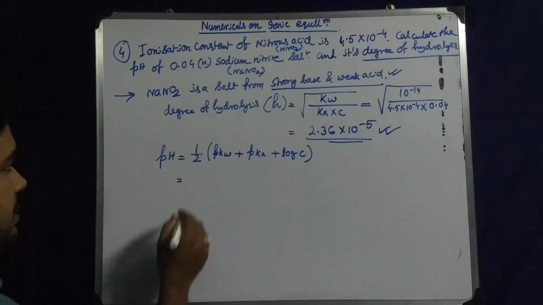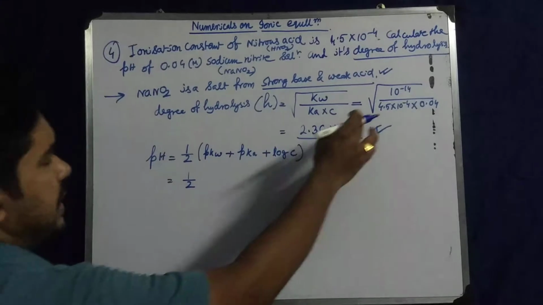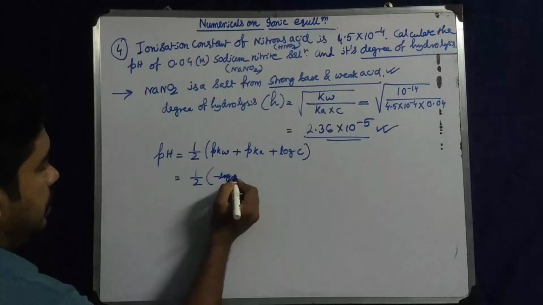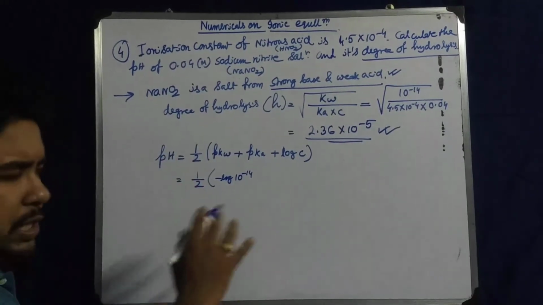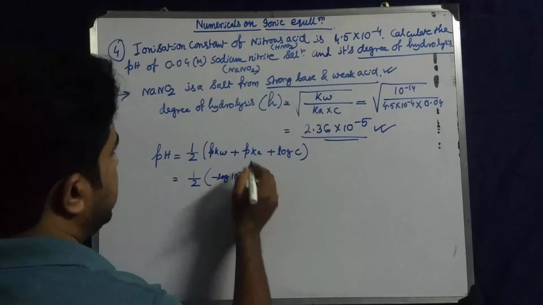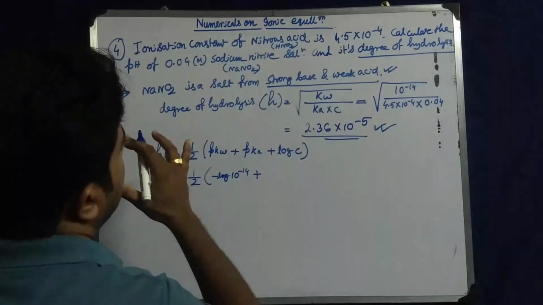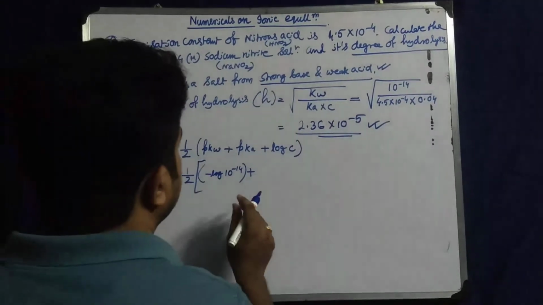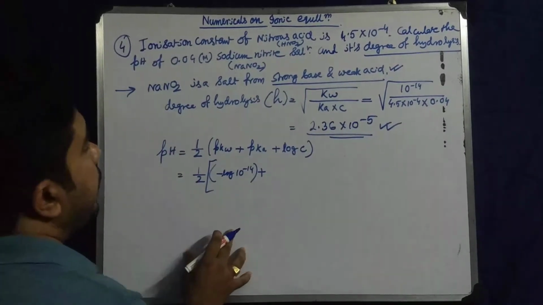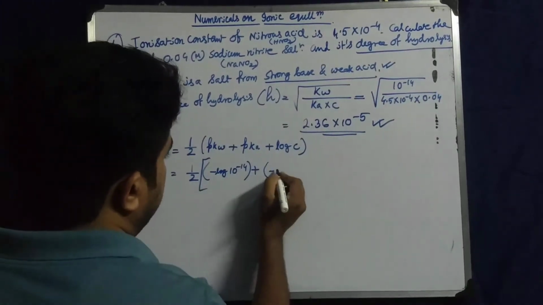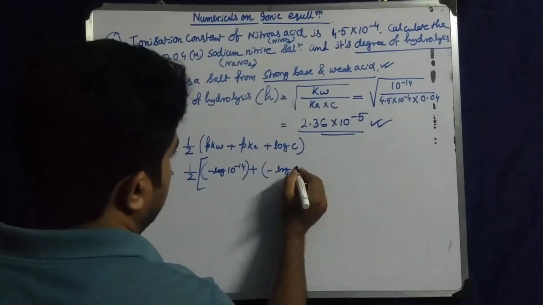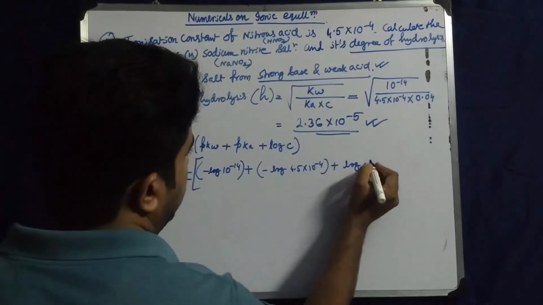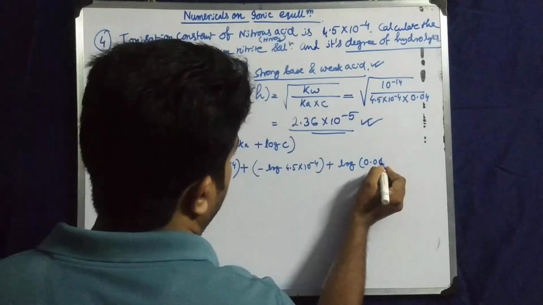So let me calculate the pH. Half pKw means Kw is 10 to the minus 14, obviously. So it will be minus of log of 10 to the minus 14. Already we know that pKw is 14 actually. Plus pKa. K is what? K is given over there. I think we'll use this bracket. So K is given, yes, 4.5. So minus of log of 4.5 into 10 to the power minus 4 plus log of what? 0.04.